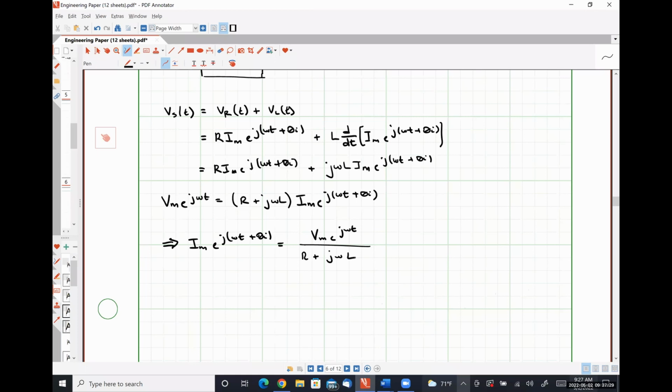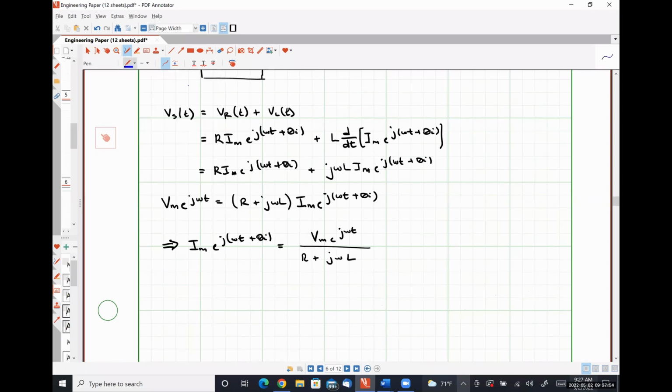We could do a lot more algebra here, but I don't want to waste you guys' time and we're running out of time here. We have enough information that we can plug this into our calculator and figure out what I is, right? Let's leave it like that. How would I input Vm e to the j omega t into my calculator?